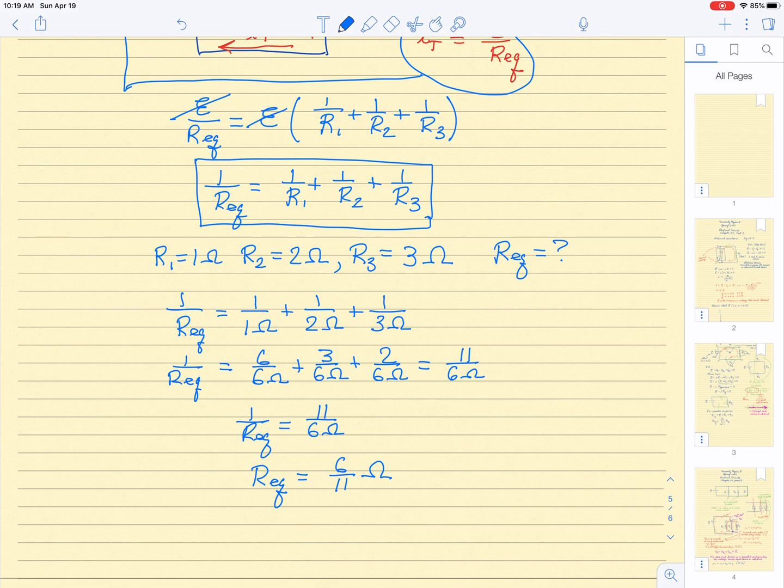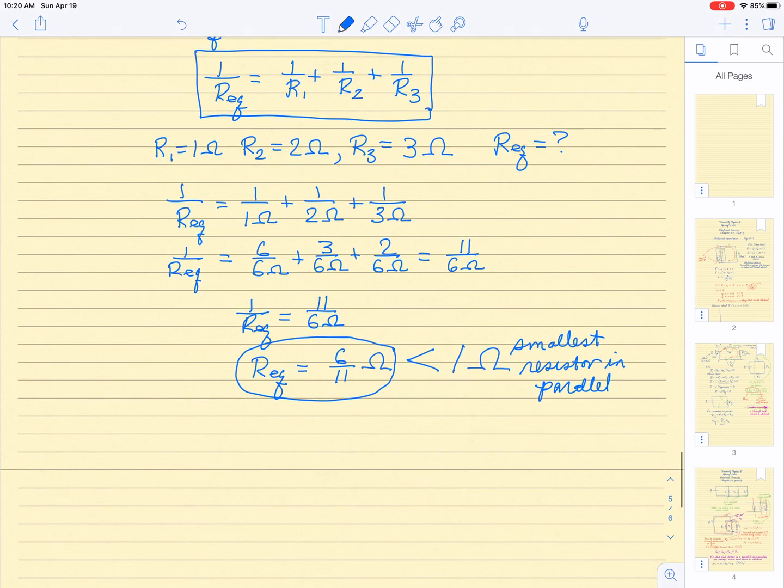And I want you to realize that that's much less than 1 ohm, which was the smallest resistor in the parallel arrangement. And that's a general principle: the equivalent resistance will always be smaller than the smallest resistor in the parallel arrangement.